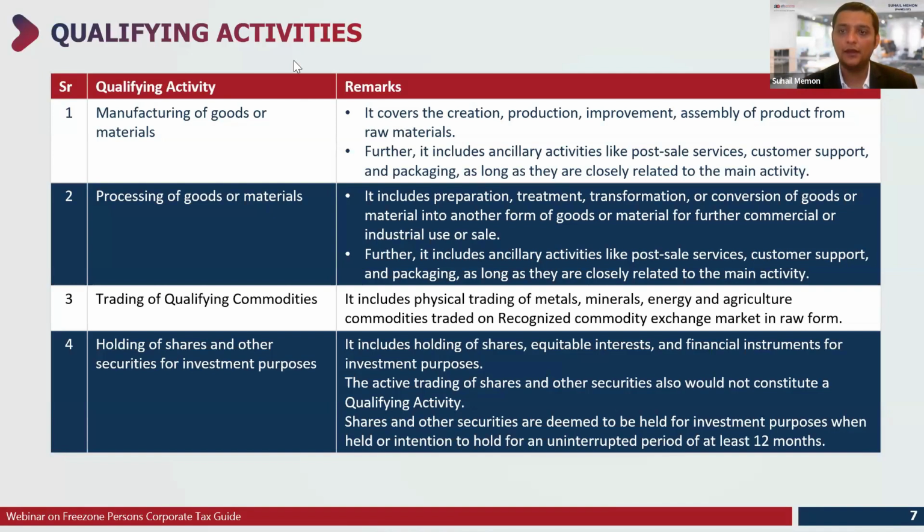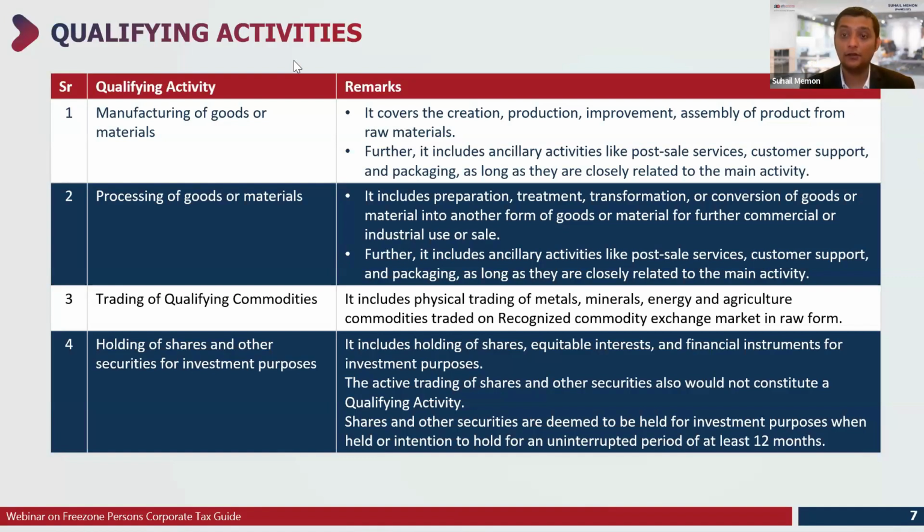The packing is an ancillary activity, and without packing, I cannot sell the mobile phone. Then this ancillary activity is also covered as a qualifying activity. So we need to analyze on a case to case basis whether the ancillary activity is covered in determining whether the revenue which we are earning is qualifying revenue or not.